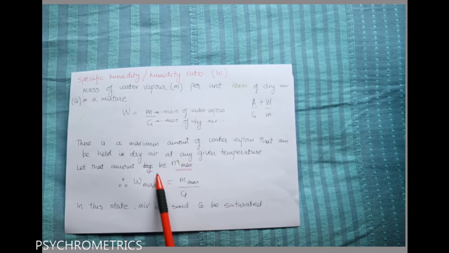So we get a limiting value of specific humidity or humidity ratio: W max is equal to M max divided by G. In this state, when you have the maximum amount of water vapor that can be held in the dry air at that temperature, the air is said to be saturated.